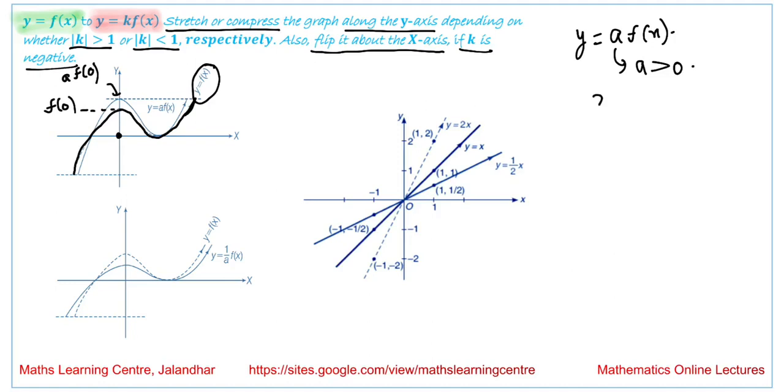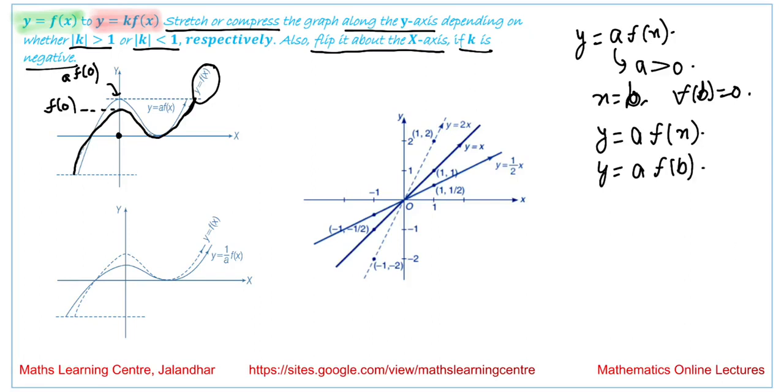We are talking about those points x, say b, for which f(b) is equal to 0. Then corresponding to the function y = a f(x), we get y = a times f(b). If f(b) is equal to 0, then the answer will remain the same.